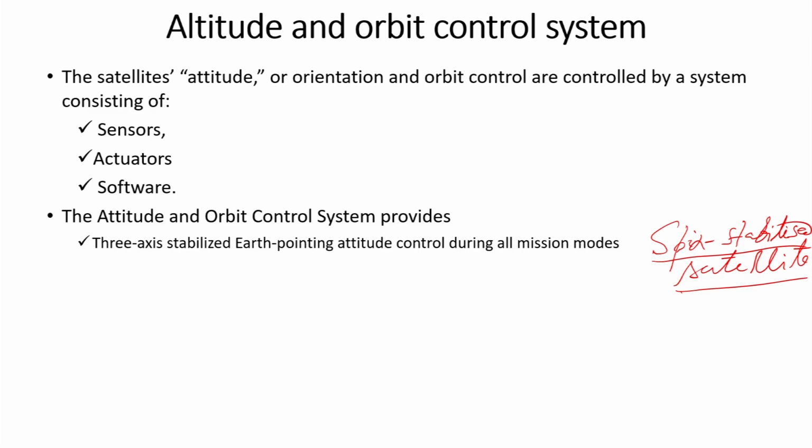Here we will discuss the 3 axis stabilized, which means all 3 axes, yaw, roll and pitch, are stabilized, and it measures and corrects the spacecraft velocity and orbital position. So, first is the attitude control, and next is controlling the velocity as well as the orbital position.